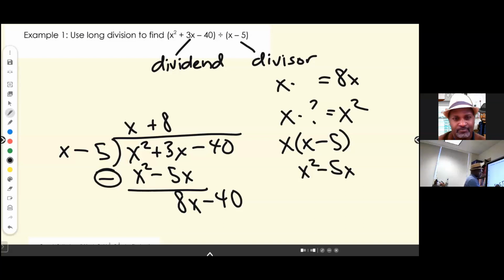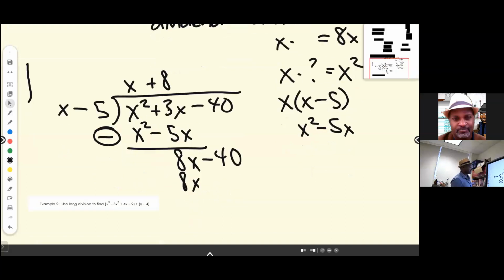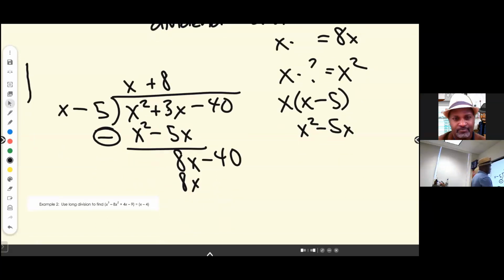But since we have this minus 5, we have to multiply that as well. So 8 times x is 8x, and 8 times negative 5 is negative 40.